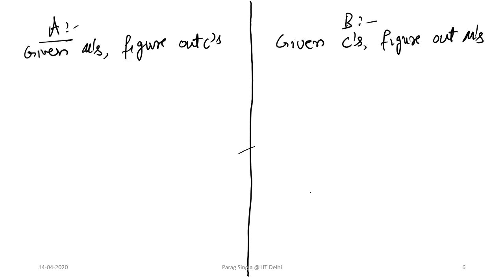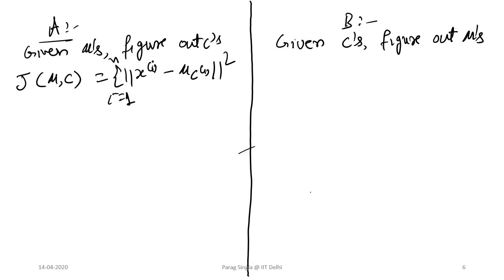The expression we had was J(mu, C) given by the sum of xi minus mu ci squared, i equal to 1 to m, right?